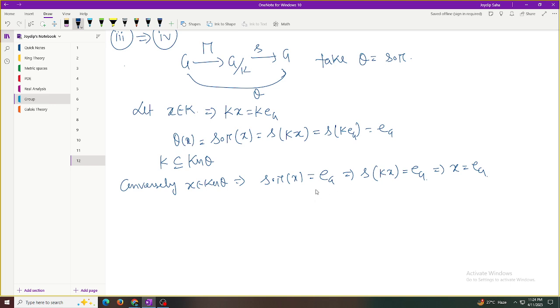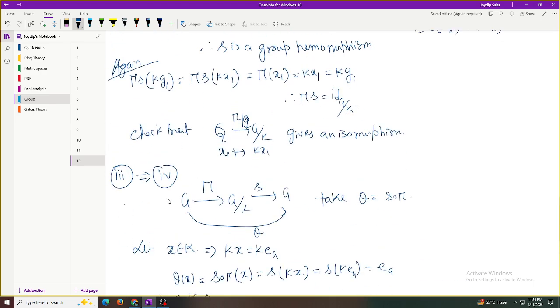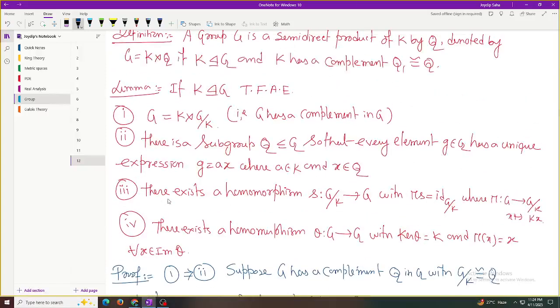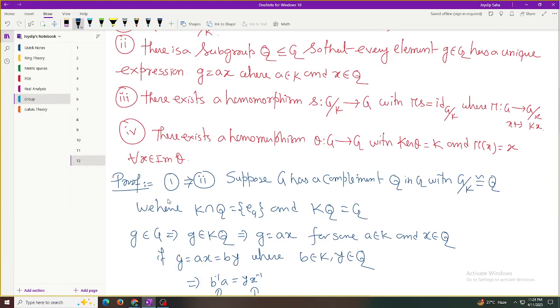So K equals kernel theta, and you have to show the last one: theta x equals x. Sorry, I should write theta x equals x, not pi x.